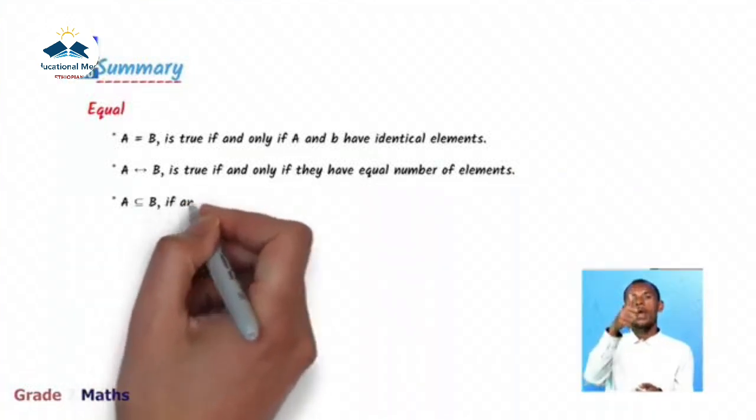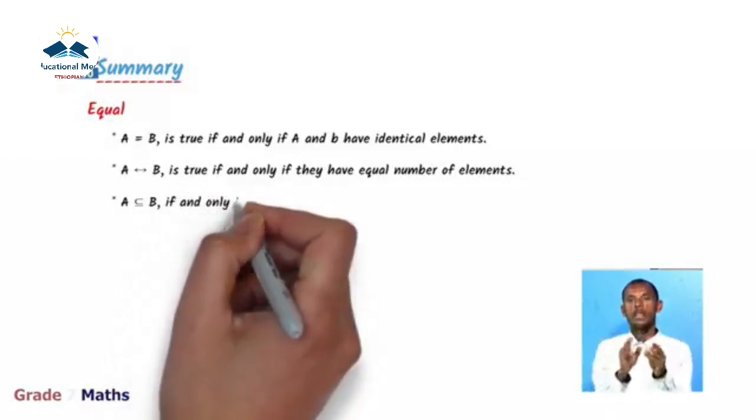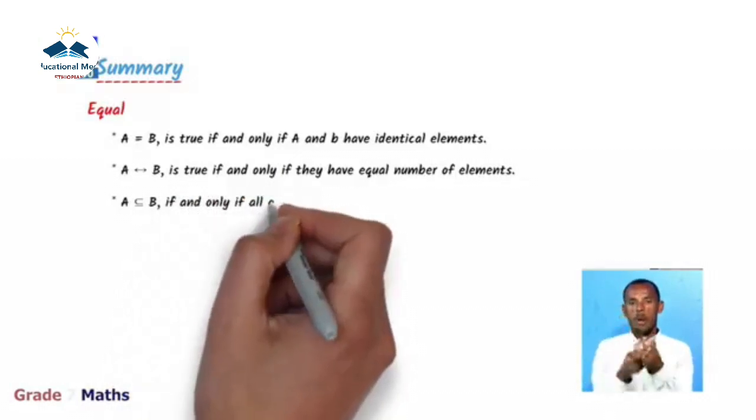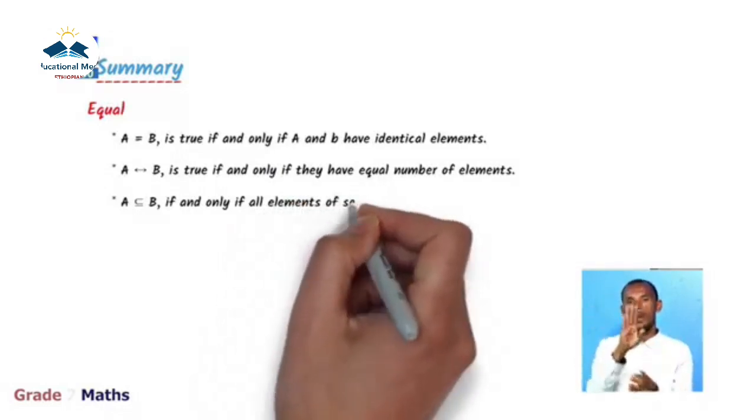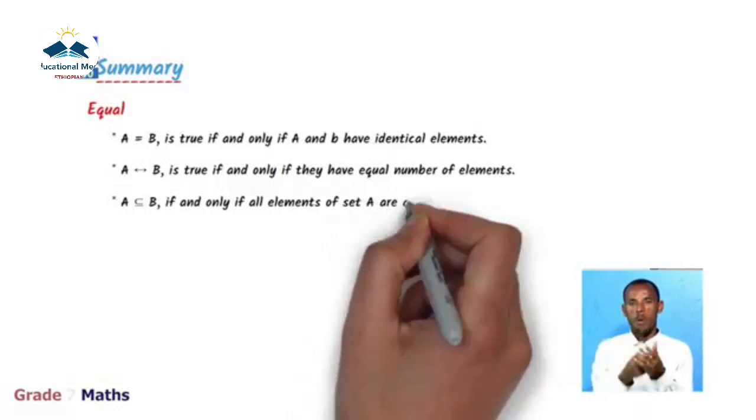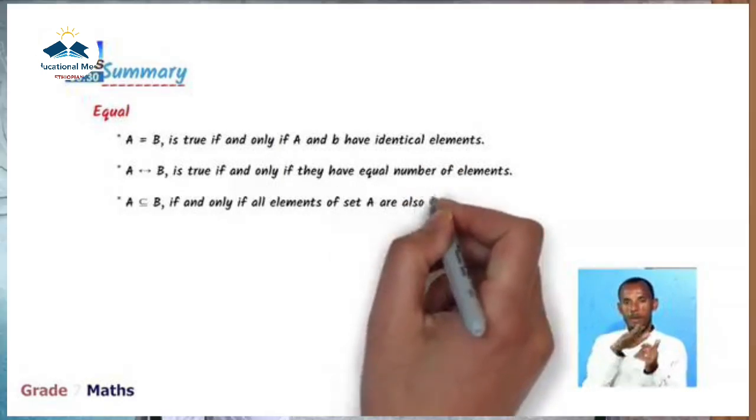A is said to be a subset of B if and only if all elements of set A are found in B. And the last concept that we have seen today is the proper subset.